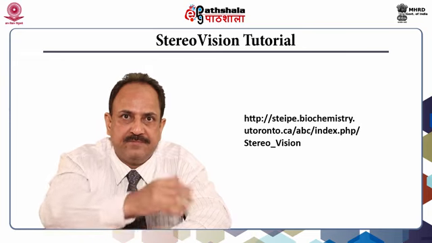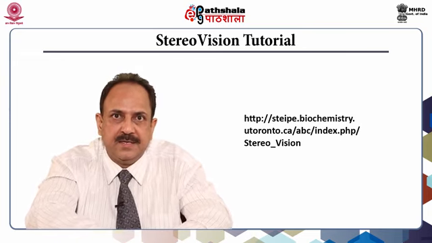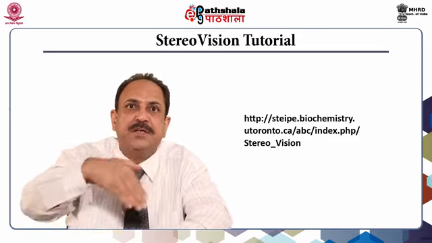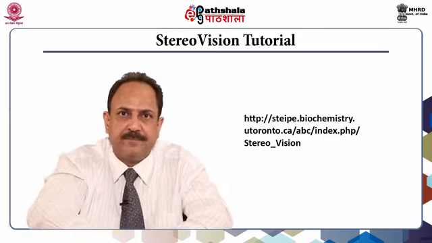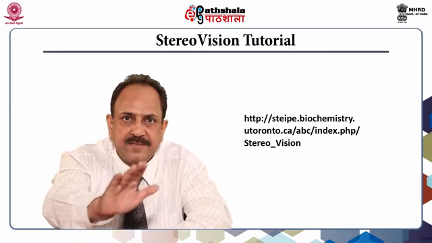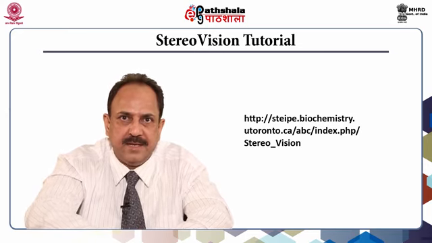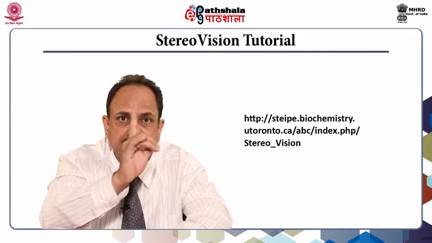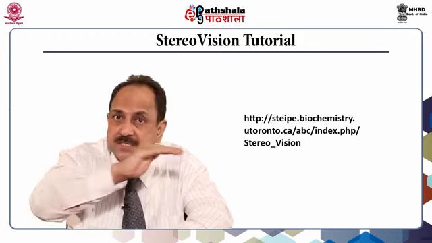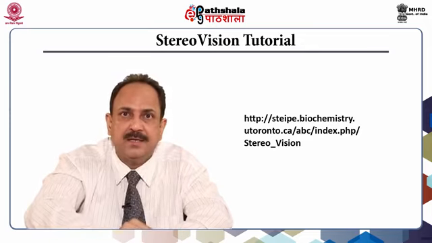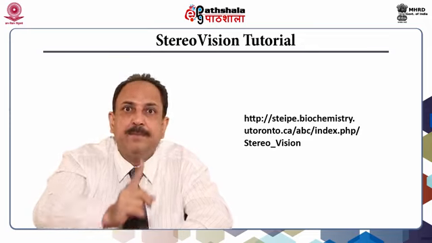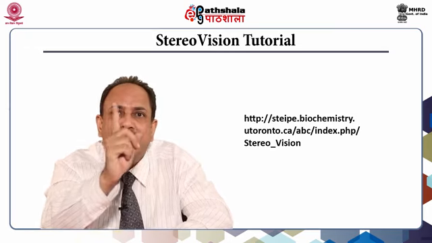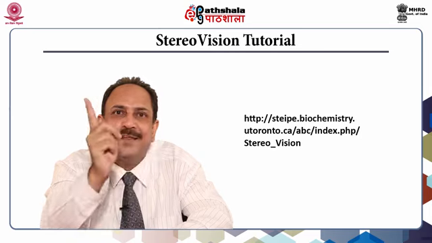For example, as I have tried to explain previously, you focus on a point. For example, I am focusing on you, you focus on me. Once we focus on each other, try to bring your finger in between without taking focus from me, don't focus on the finger. You focus on me, bring your finger in between, and you will find that two transparent fingers are appearing.